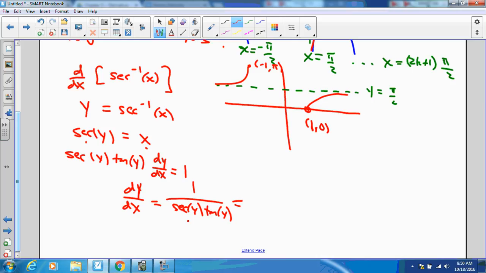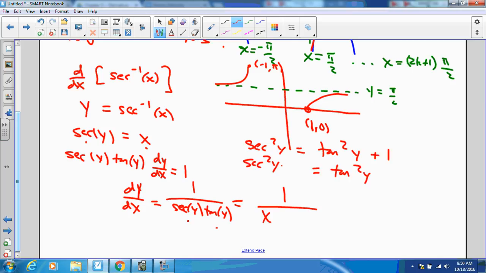Now, half of this is easy because secant y is x. The tangent y comes from the Pythagorean identity. Secant squared y equals tan squared y plus 1. So tan squared y equals secant squared y minus 1.